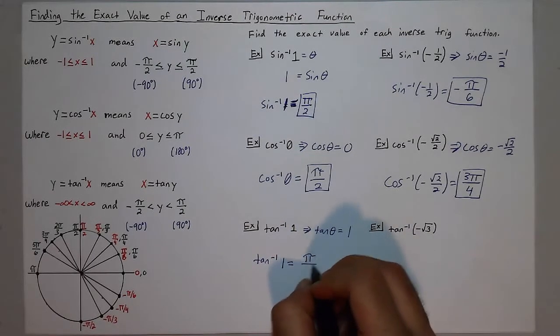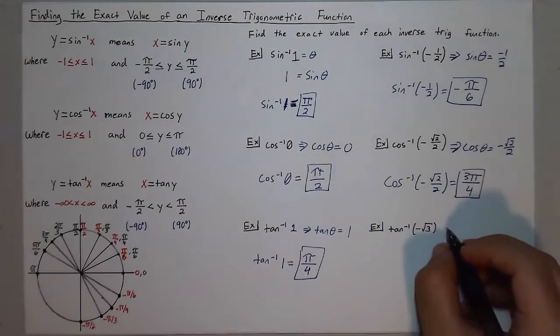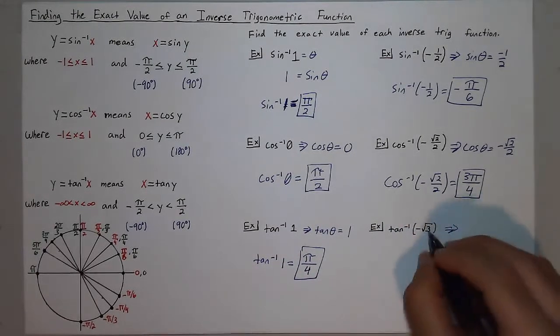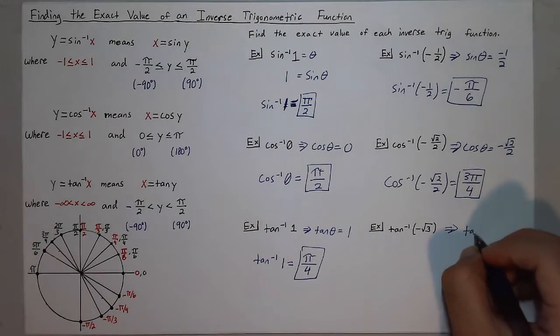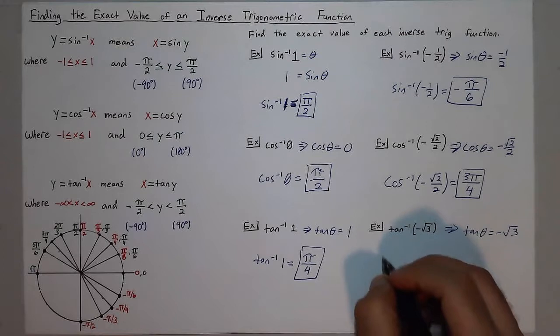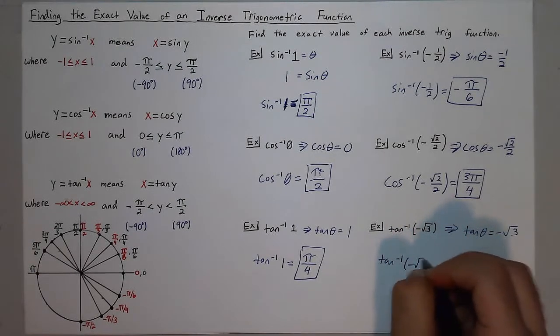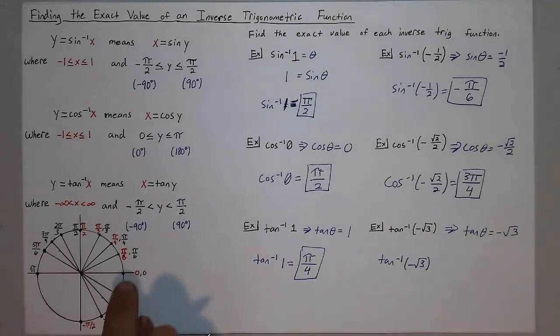And lastly, if you have tangent inverse of negative square root of 3, we're looking for where tangent of theta is equal to negative square root of 3. Well, it's negative, so it's going to be in the fourth quadrant here, because tangent's negative in the second and the fourth quadrant. But since the range of tangent inverse is negative pi over 2 to pi over 2, we're going to have to look at some angle in this quadrant.